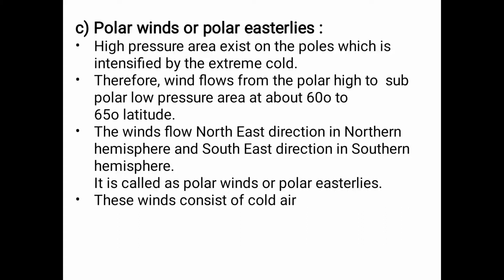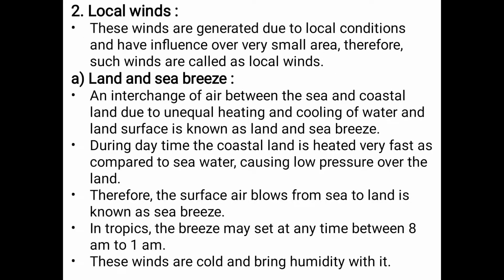The wind flows from the northeast direction in the northern hemisphere and the southeast direction in the southern hemisphere. This wind is called the polar wind or the polar easterlies, and this wind consists of cold air. So this is also one of the types of global wind, the polar wind, or the polar easterlies.